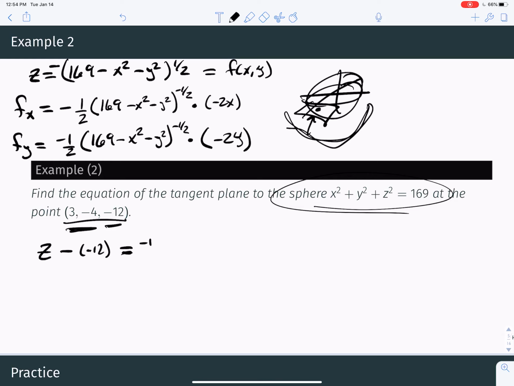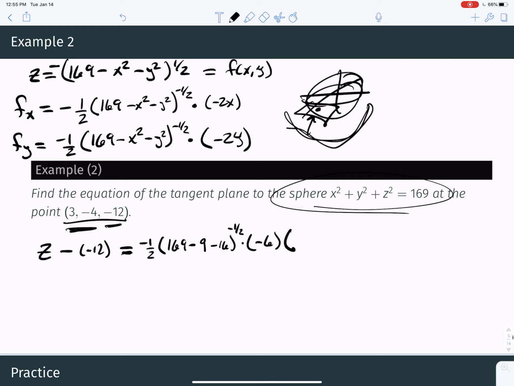If we do that, here we go, let's just work this out. 169 minus 3 squared is 9, so minus 9. 4 squared is 16, so minus 16. Raised to the negative 1/2, times negative 6.